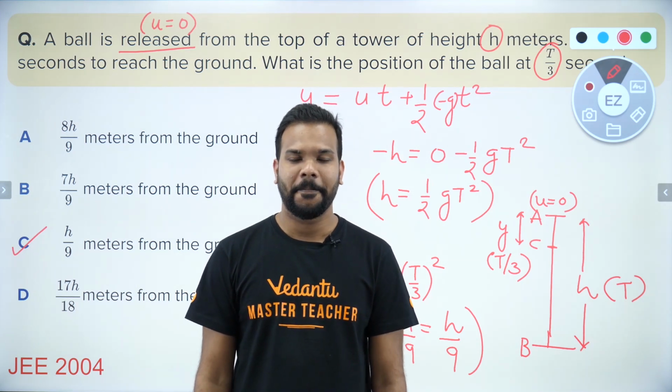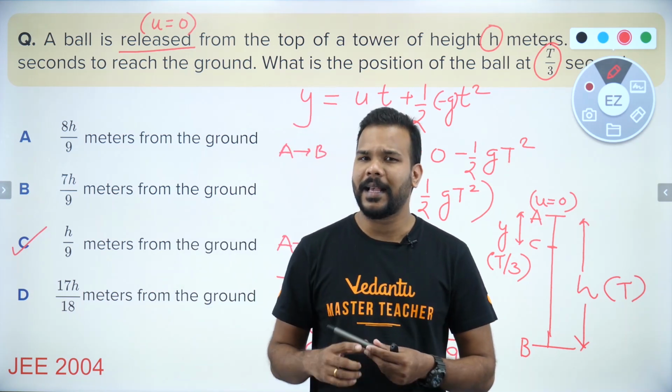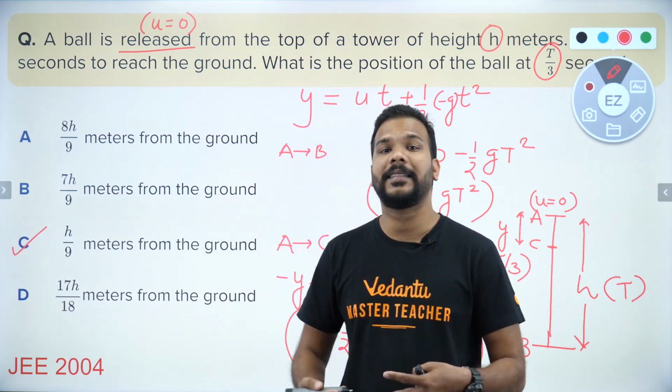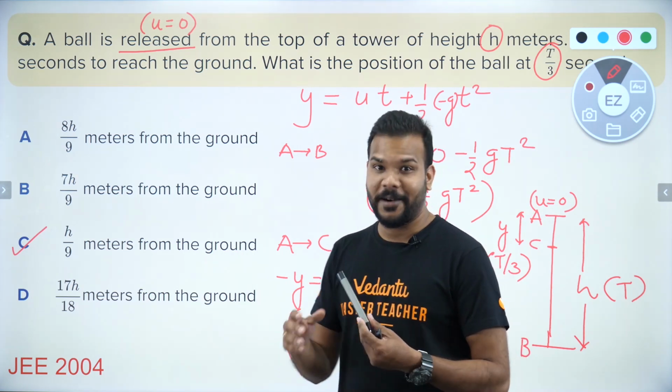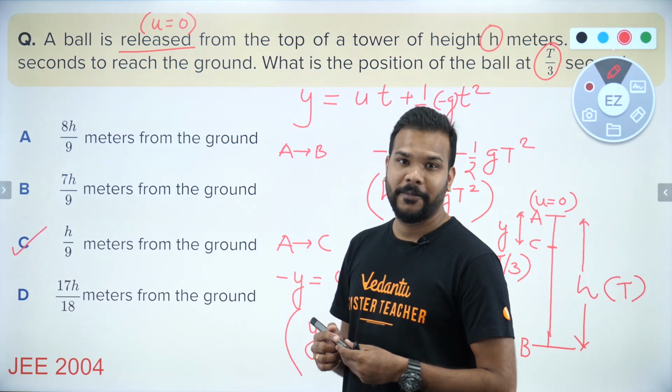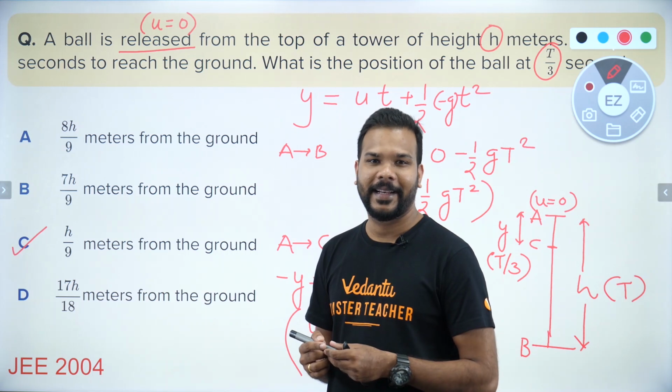You think like that? But that is where, in an exam like JEE or in any examination, our nervousness takes over us. It gets the better of us. Why is this not the correct answer?